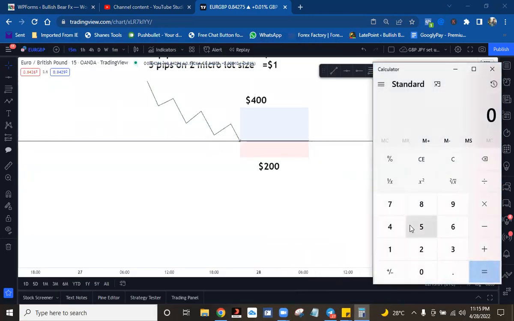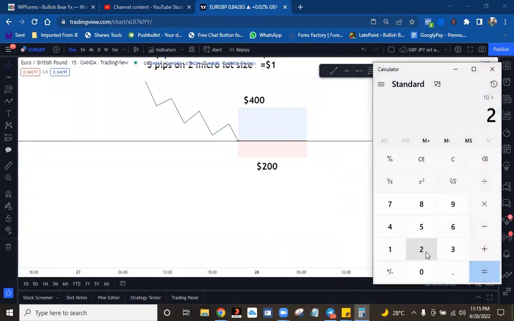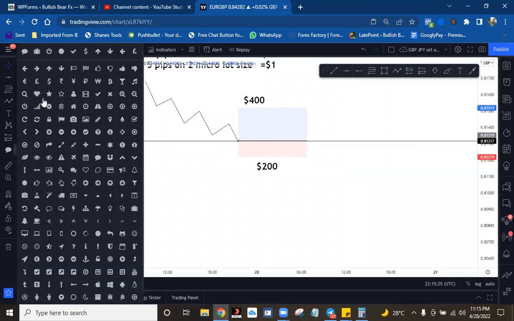Now we're calculating for stop loss first. Pip amount is 10 pips times the lot size amount, two standard lot size, times the value of a standard lot size, which is $10, equals 200, correct? Correct, correct.